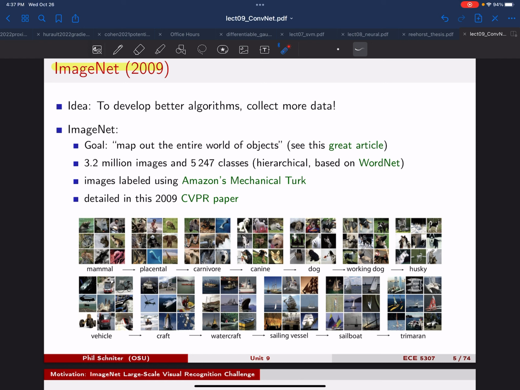And moreover, the classes are hierarchical. One of the high-level classes is mammals, and then a subclass of that is placental mammals, a subclass of placental mammals is carnivore, a subclass of carnivores is canine, a subclass of canines is dog, a subclass of dogs is working dog, and a subclass of working dogs is husky. So you can see there's this big hierarchy.